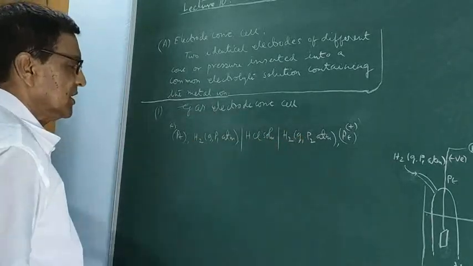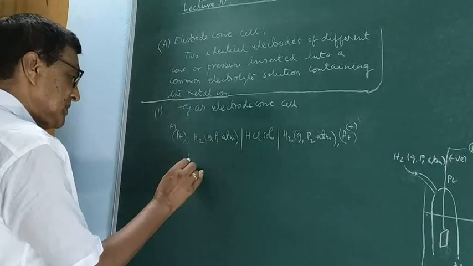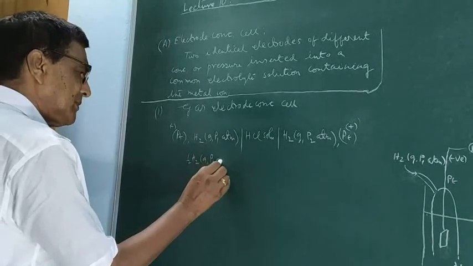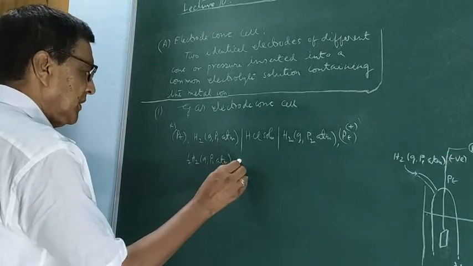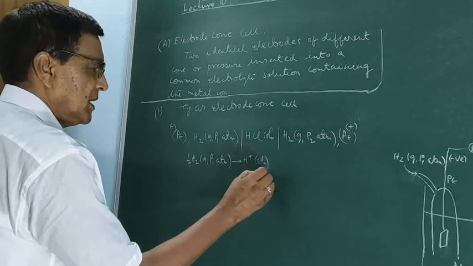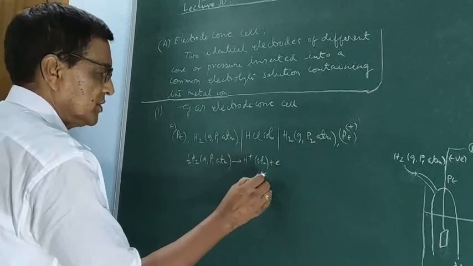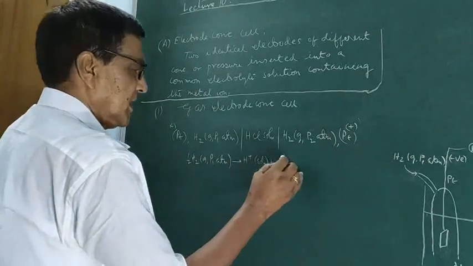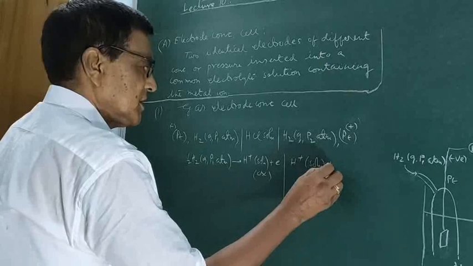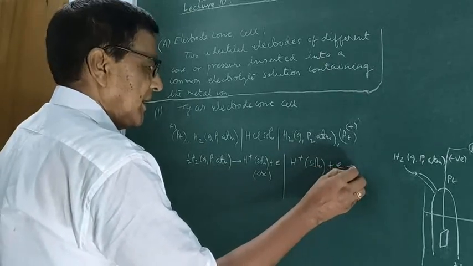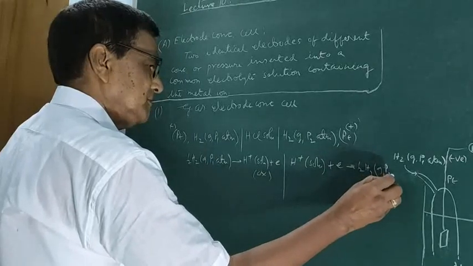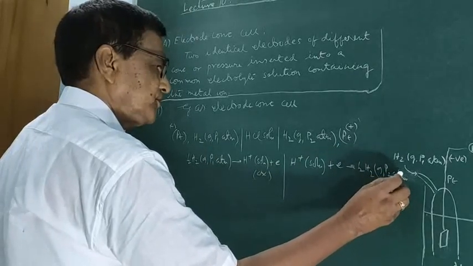these two electrodes. Here the reaction is half H2 gas at P1 atmosphere giving hydrogen ion in solution plus 1 electron, and this is the oxidation. And on the right hand side, hydrogen ion in solution plus 1 electron giving hydrogen gas at P2 atmosphere.